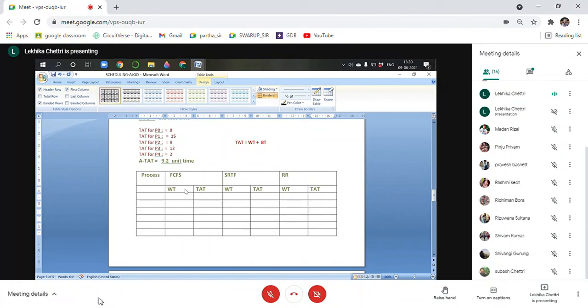You'll have to prepare a table like this at the end for exam purposes. Now here you have P0, P1, P2, P3, P4.